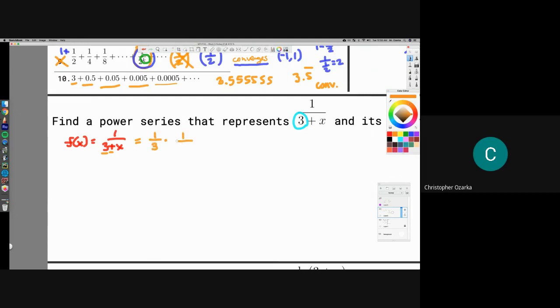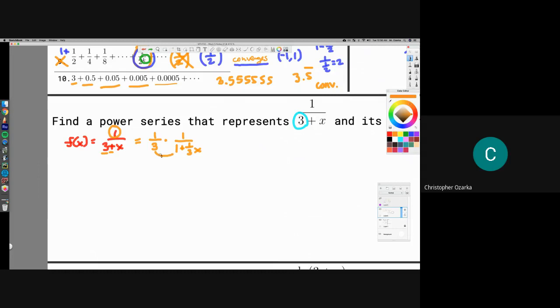And you end up with 1 on top still, because 1 times 1 is still 1. 3 times 1 is that 3. Now, we still have that x that we have to take into account here, and it's plus x. So it's going to be plus 1/3 x, because you're distributing it here, 3 times 1/3 is just 1x. So it's just basic algebra right there.